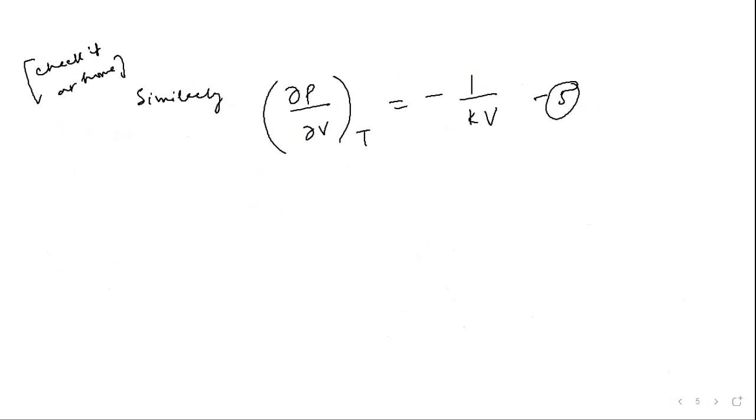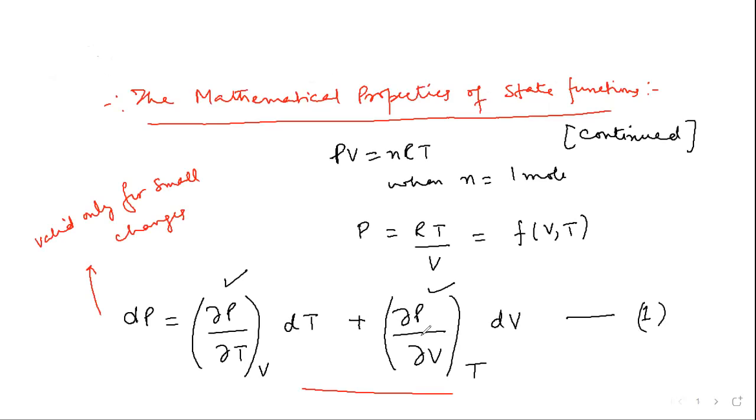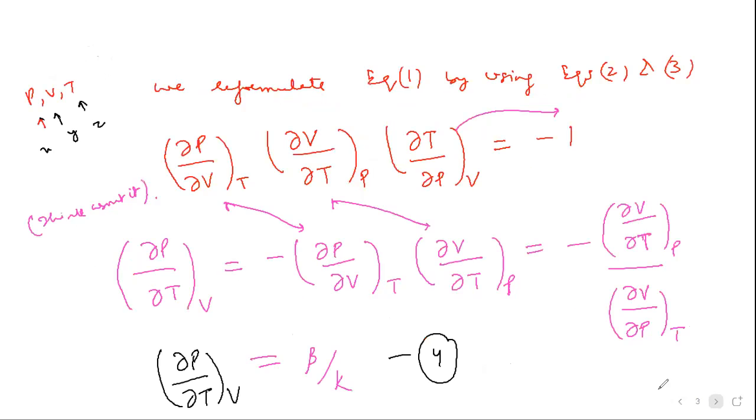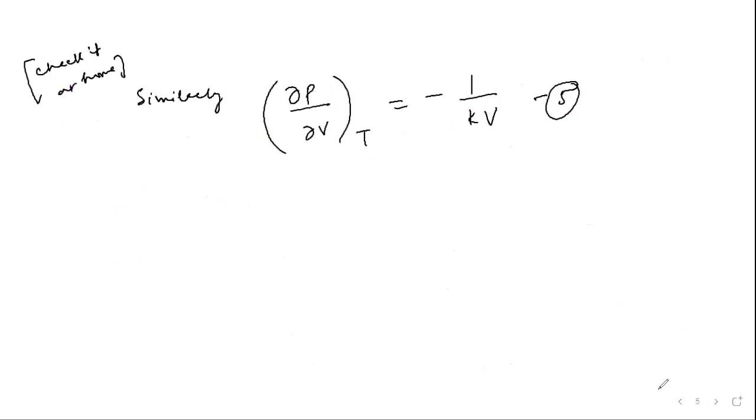So we have found the second partial derivative, dou P by dou V at constant T, in equation first. So I can substitute the values of these partial derivatives in first, that is, equations 4 and 5.